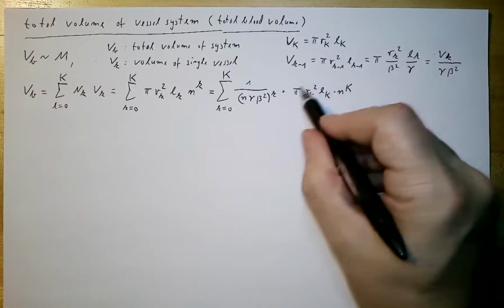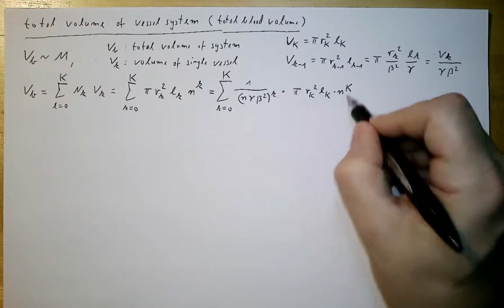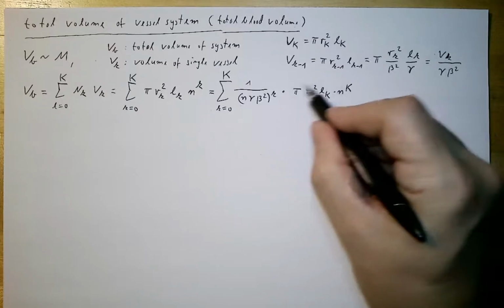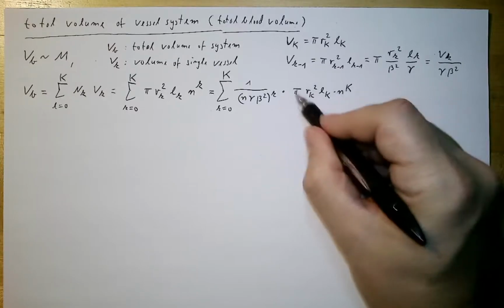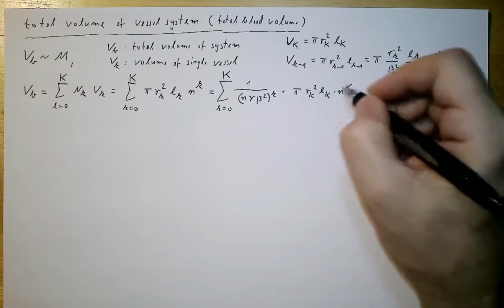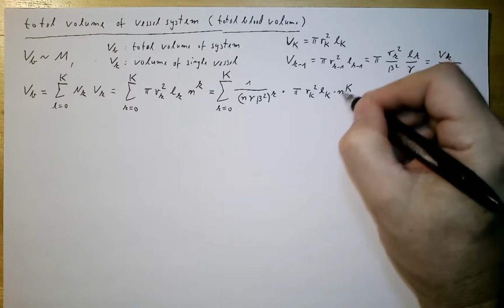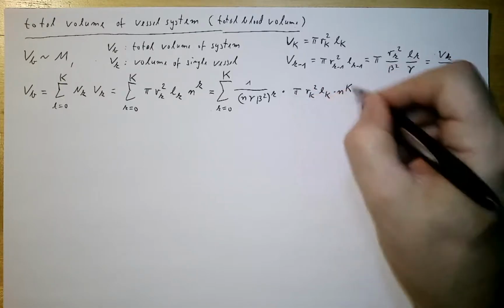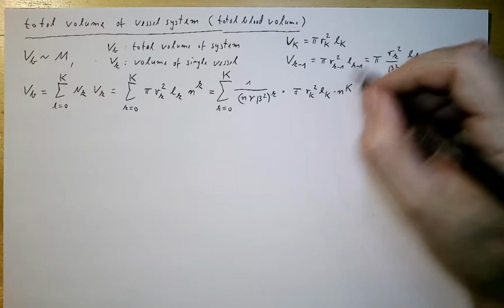So here we have the total volume in the capillary, so the volume of a single capillary times the number of all capillaries, so that's the total volume in the capillaries.